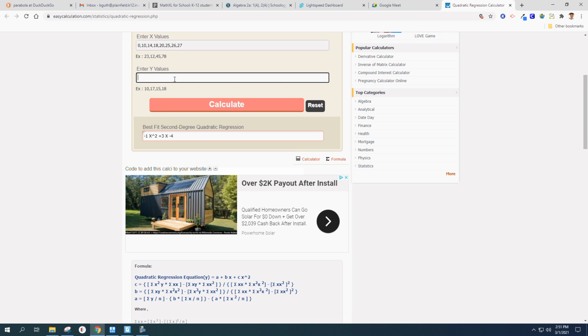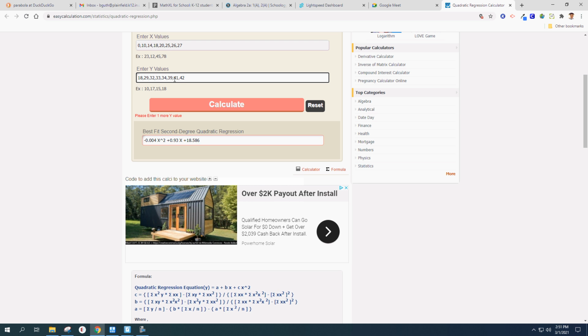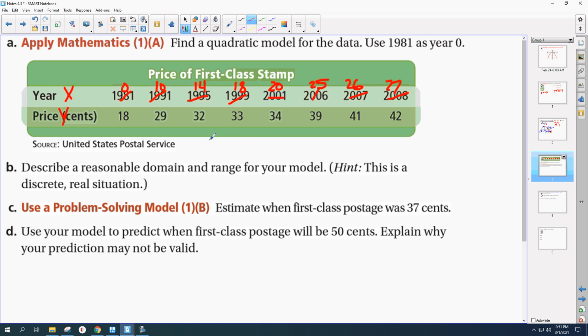And then your y numbers, 18, 29, 32, 33, 34, 39, 41, 42. Notice it calculates automatically. It gives us this. Control C to copy. And Control V to paste.